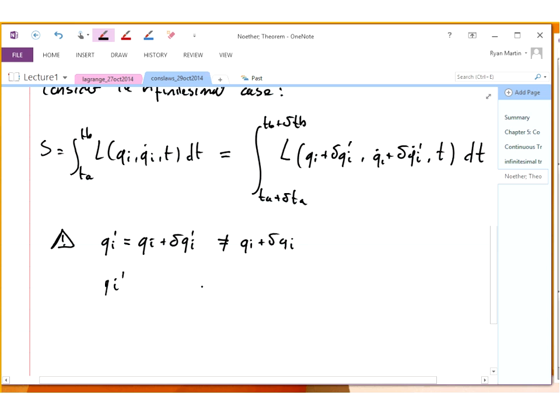So that means, in principle, we want to write QI primed as QI plus delta QI plus QI dot delta T. And then there'll be other terms in there that have products of delta QIs and T's.